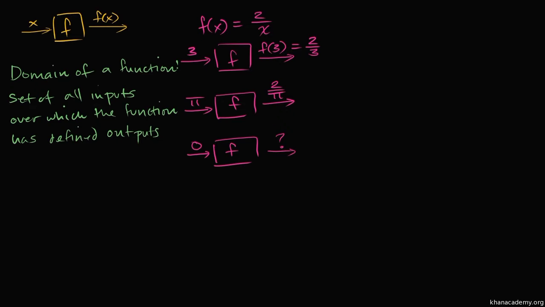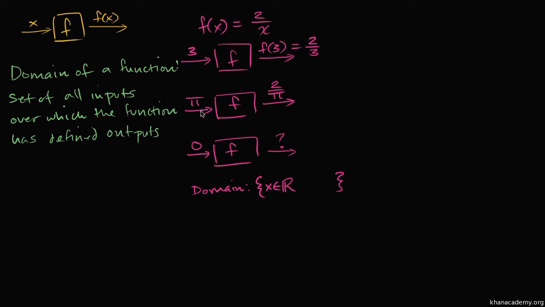So the domain for this f in particular, I could say it's going to be the set, and these curly brackets are typical mathy set notation. I can say it's going to be the set of x, where x is a member, this little symbol means a member of the real numbers, but it can't just be any real number.